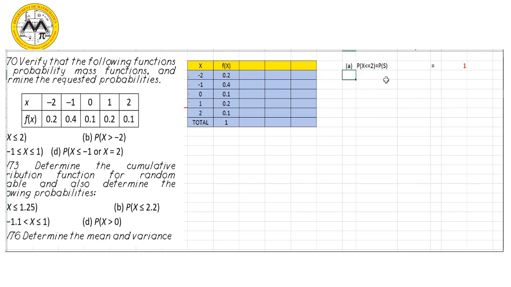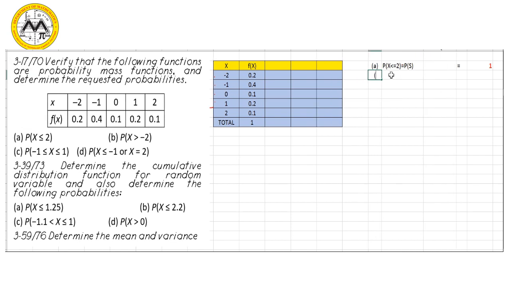Letter B. For letter B, we are looking for the probability that x is greater than -2. So what are those values greater than -2? Everything except -2 is greater than -2, so this is 1 minus f of -2.